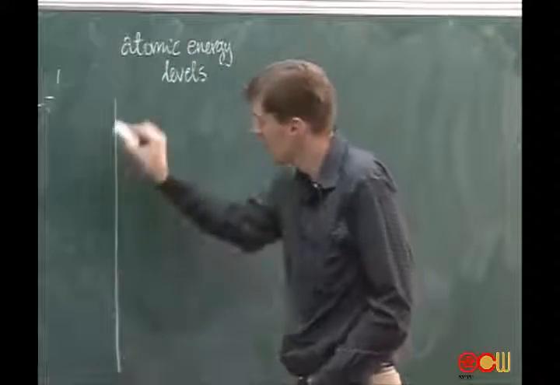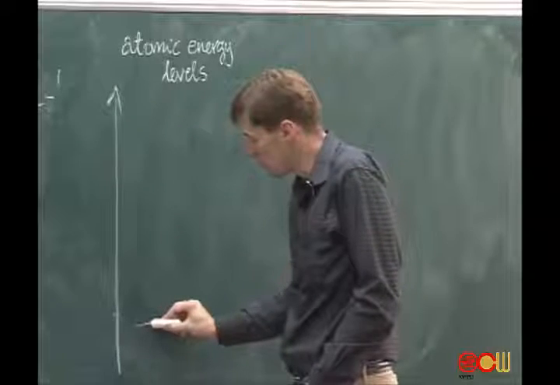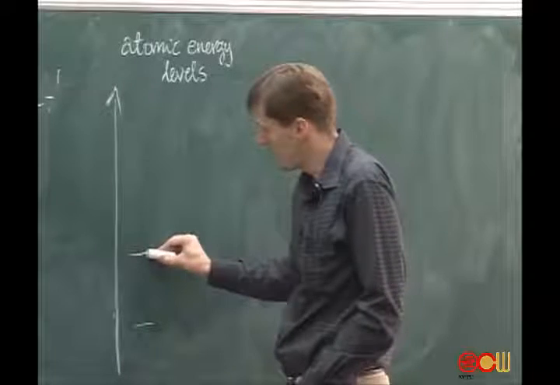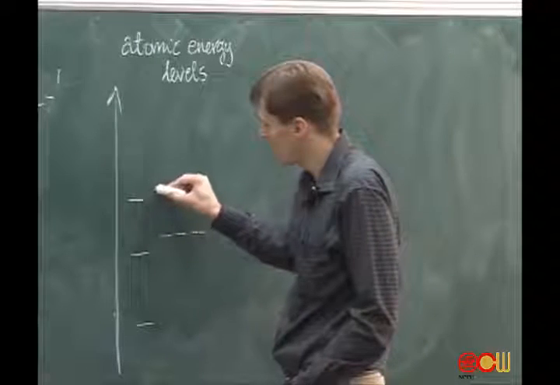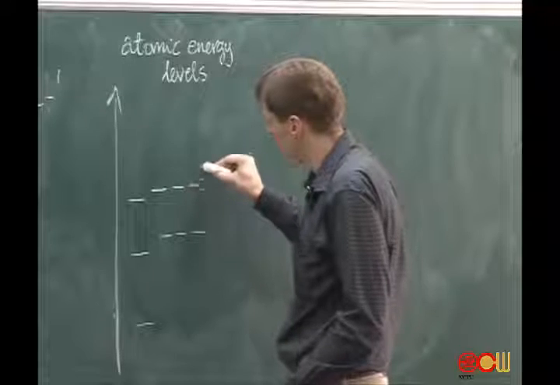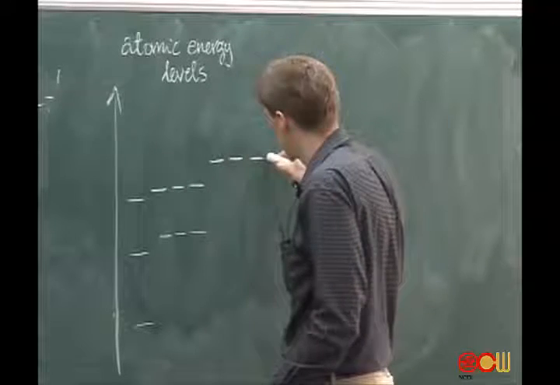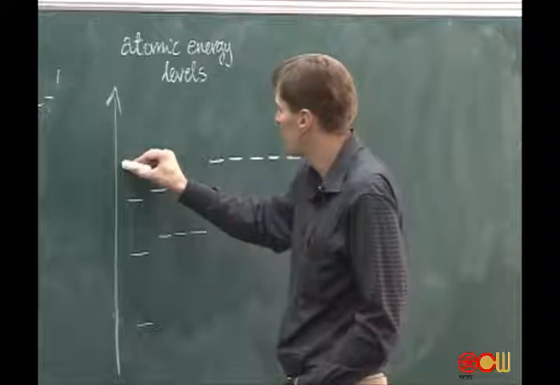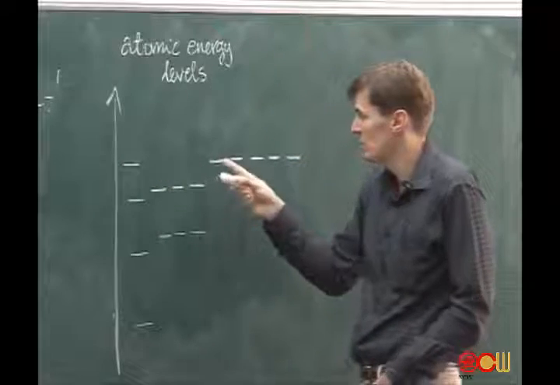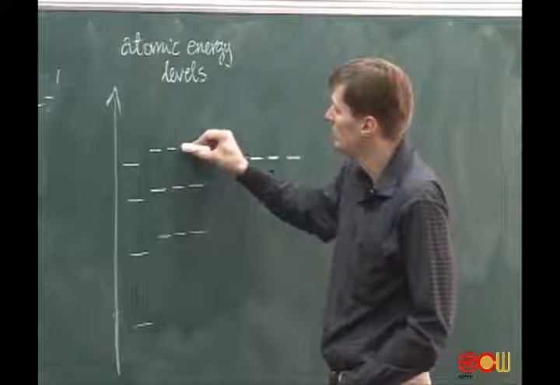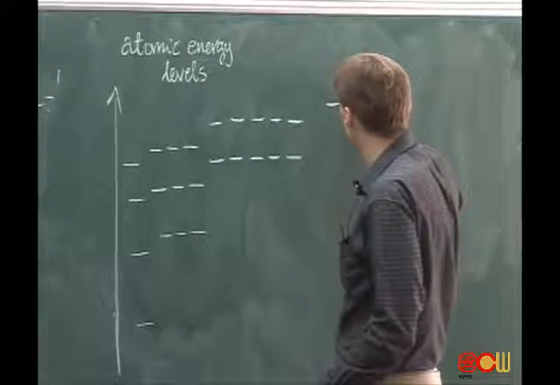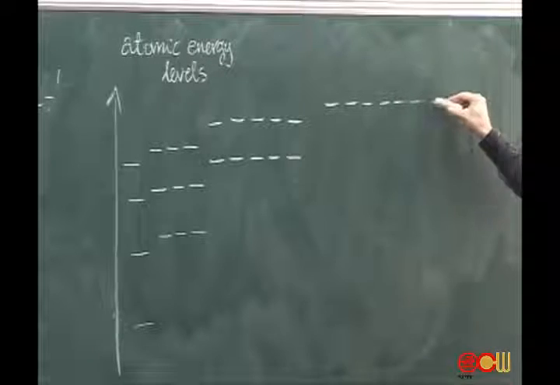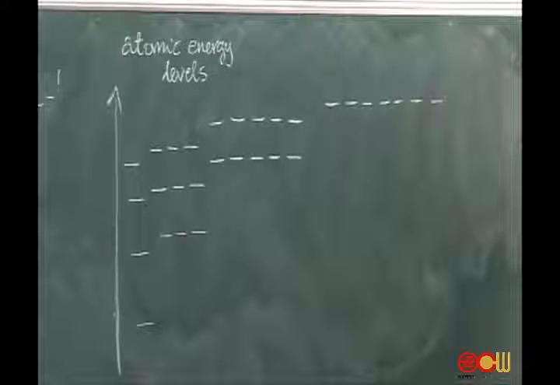We said that everything starts from 1s, then we have 2s, a bit higher is 2p, then is 3s, a bit higher is 3p, a bit higher is 3d, then we have 4s, which is lower than this, 4p and 4d, and somewhere there 4f, and so on and so on. These are atomic energy levels that you know very well.